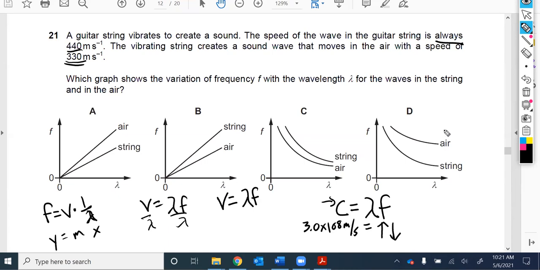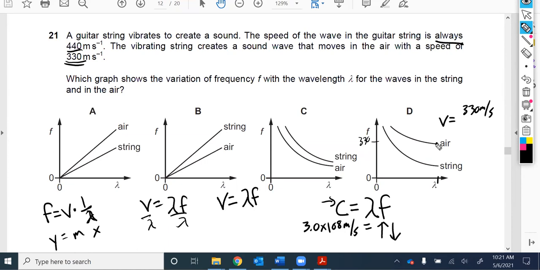And if we consider the air, which moves at a velocity of 330 meters per second, let's say that this wavelength here is 1 meter. So if the wavelength is 1 meter, then the frequency is 330 hertz to give us 330 meters per second.